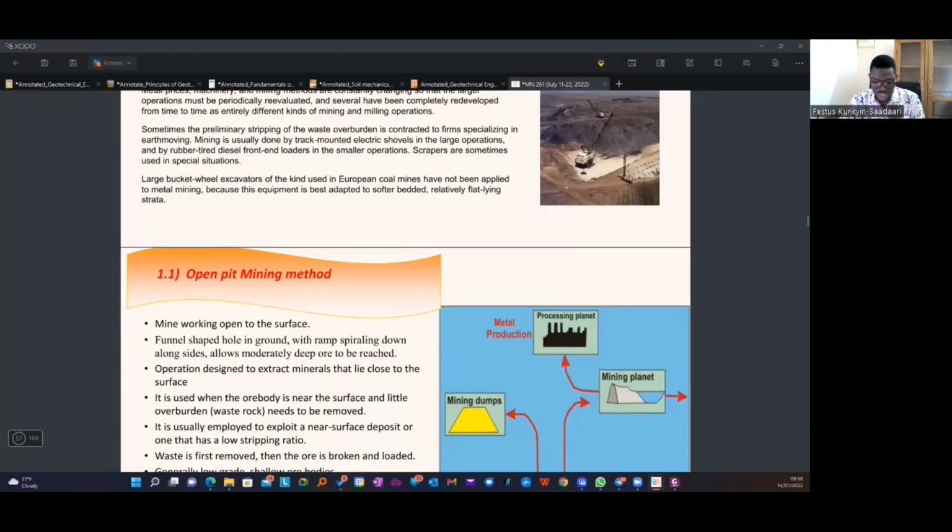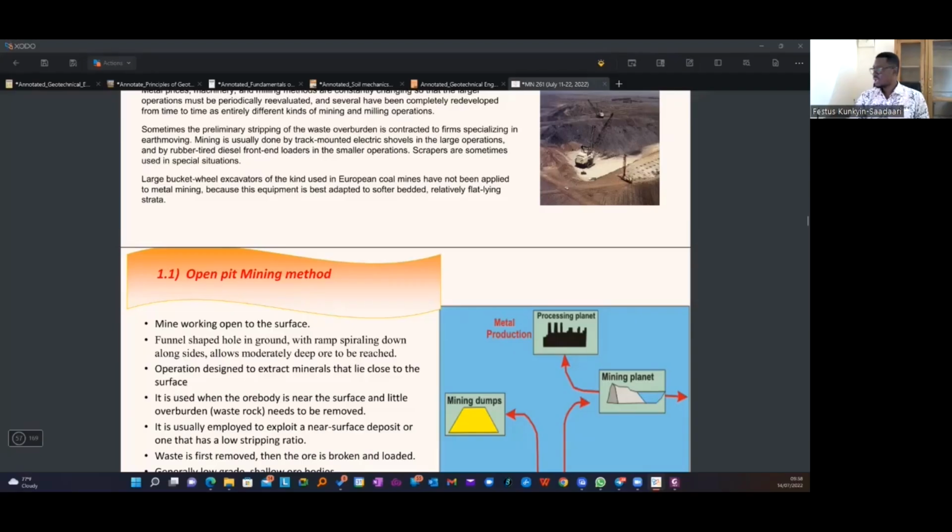So mining is usually done by truck mounted shovels. So with this one, in our side of mining, hardly do we mine coal. I don't know if we have coal deposits in Ghana. I don't have an idea, and I've never heard of any too. But then I know in the US and other places, they have coal. And since coal is usually found in soft environment, we have some machines called scrapers. It looks like a dump truck that has the belly opened.